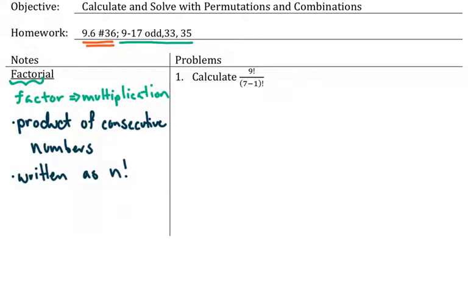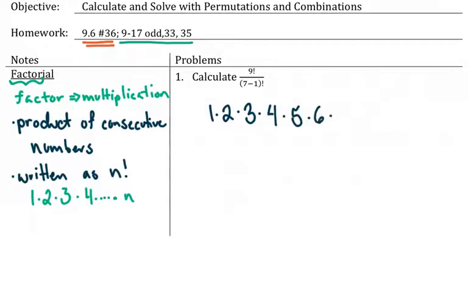And what it means is that it's the product of the consecutive numbers up to there. So it'd be 1 times 2 times 3 times 4, all the way out to whatever that number is, n. So if I'm looking at number 1, the numerator here is 9 factorial, so that becomes 1 times 2 times 3 times 4 times 5 times 6 times 7 times 8 times 9.